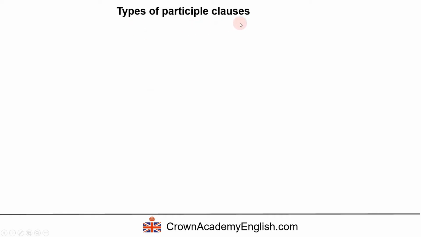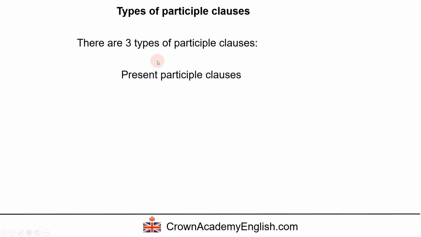Types of participle clauses. There are in fact 3 types of participle clauses. The first type is present participle clauses. And all of the examples so far in this video have been present participle clauses.